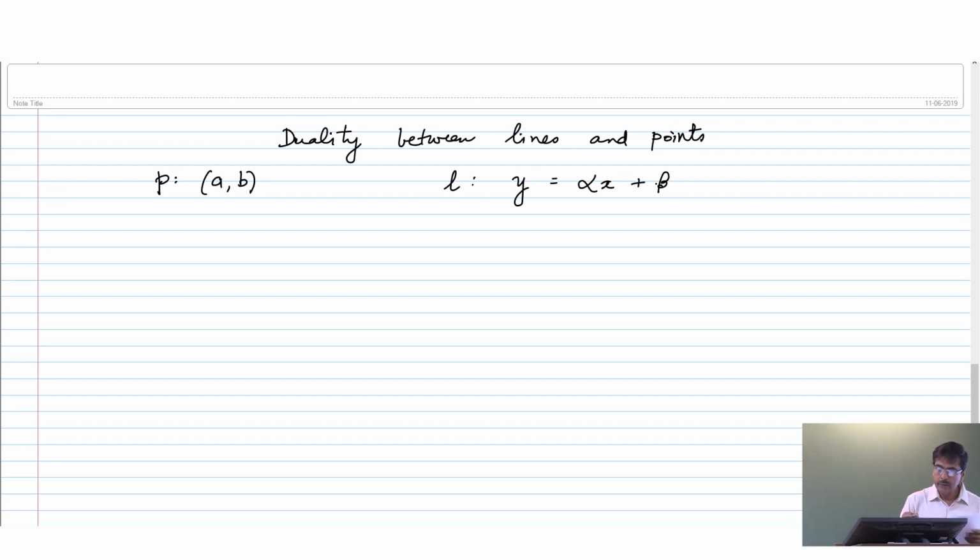So I'll define this duality transform D of P as, so this point is mapped to y = 2ax - b. And this line will be transformed to, so let us say D of L will be alpha by 2 comma minus beta.